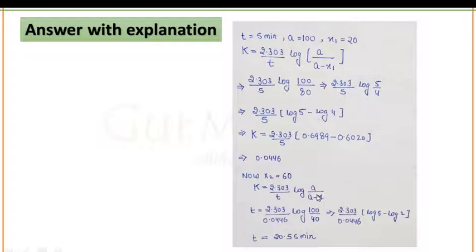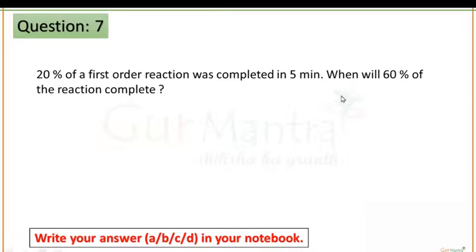In this case, A is 100 and x is 60. So 2.303 divided by the value of K, that is 0.0446, log 100/40 is equal to t. When you solve this equation, you will get the time as 20.55 minutes. So the correct answer for this question is 20.55 minutes. In 20.55 minutes, 60% of the reaction will be completed.